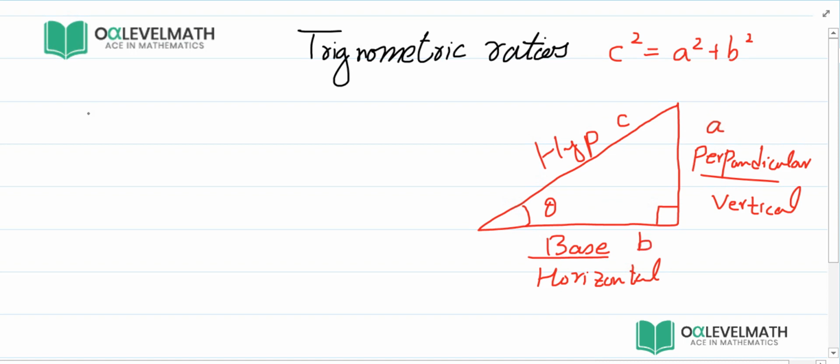Let's talk about the ratios corresponding to the angle theta. The first ratio is known as sine theta, which is defined as perpendicular over the hypotenuse.